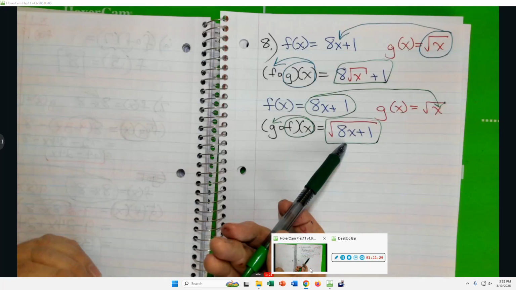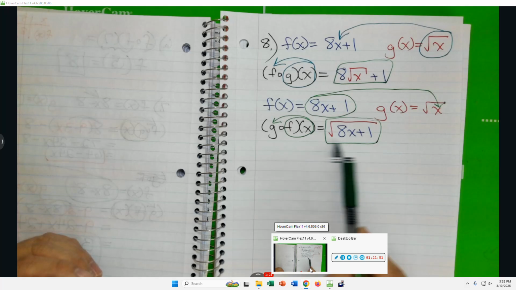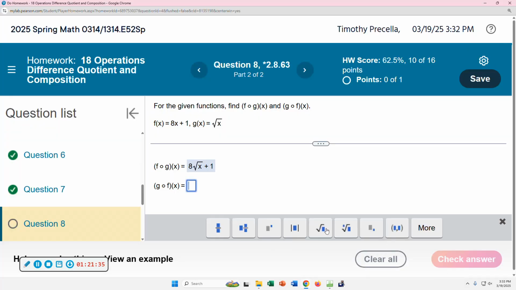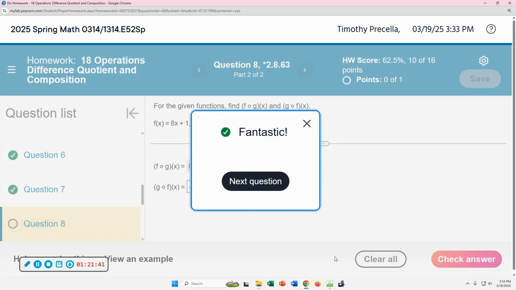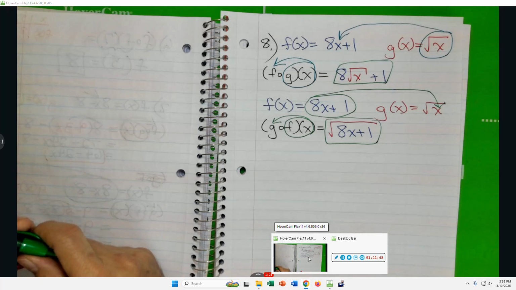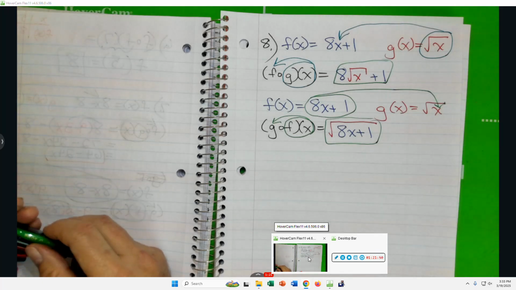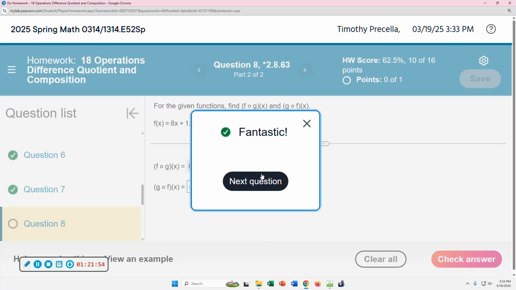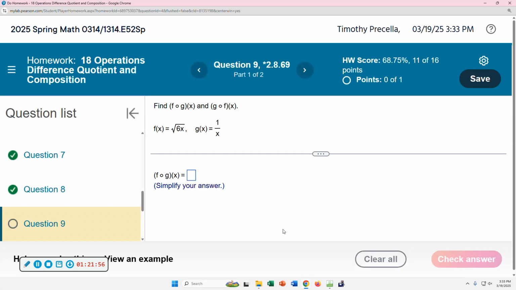Show right here on my paper what he needs to type. The square root goes first because everything is underneath that square root. Any questions there? I think this one does a really good job. Just looking at the finished product, you might wonder what the heck you're doing, drawing some arrows and stuff, but I think it works really well.